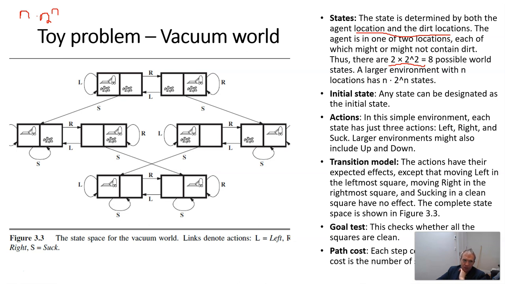So that would say it would be similar, that would be 2 times 2 to the 2 different world states. Now, is that correct? Which it is correct, because we have 3 percepts, so 2 to the 3.